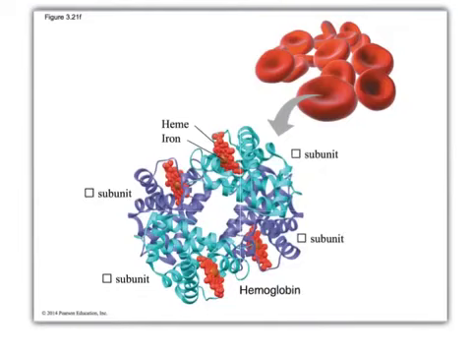One molecule of hemoglobin can bind 4 oxygen molecules. So this is an example of quaternary structure. Questions on primary, secondary, tertiary, or quaternary structure of proteins? All of them are equally important for shape and function of the protein itself.